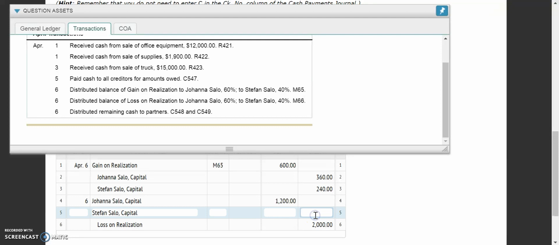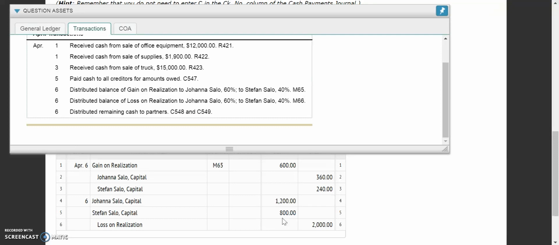And Stefan gets the difference, which is 800, or 40% of 2,000. So just as a reminder again, a gain means that the capital is going up, so that's why capital is credited here. And a loss means that you have to essentially take money out of your capital account, which is why, oops, I should say Stefan needs to have a debit here, that's my fault. That's why these two capital accounts are debited, because there is a loss.